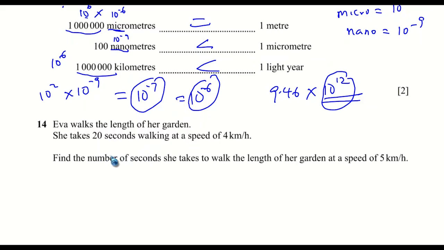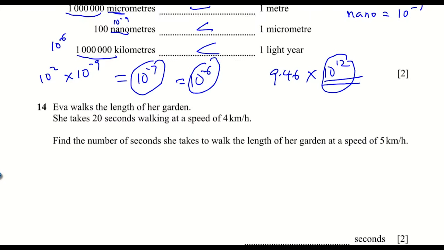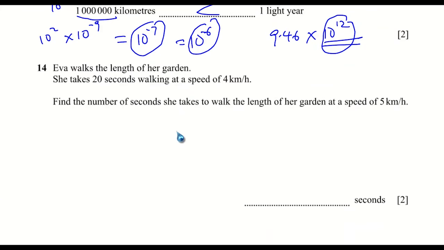Okay, so I'm going to show you two ways to do this. One is pretty straightforward and the other one is a little bit lengthy. So let's use the straightforward one. From here, you have 20 seconds over the seconds.